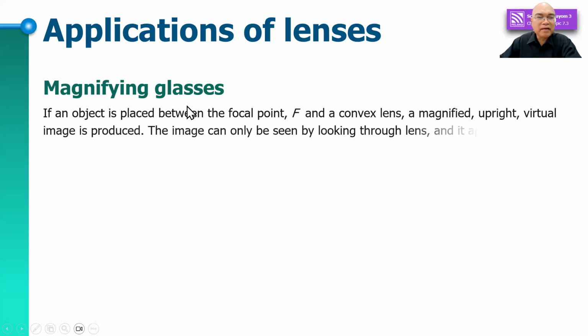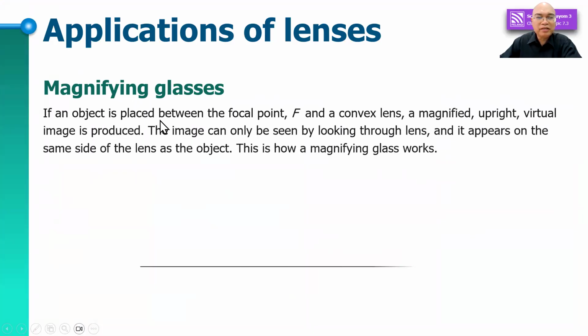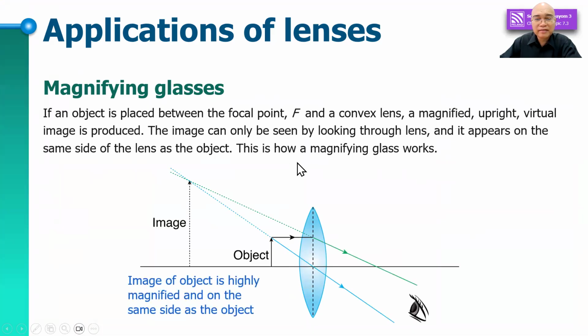Now, applications of lenses, magnifying glasses. If an object is placed between the focal point F and a convex lens, a magnified, upright, virtual image is produced. So the image can only be seen by looking through the lens, and it appears on the same side of the lens as the object.